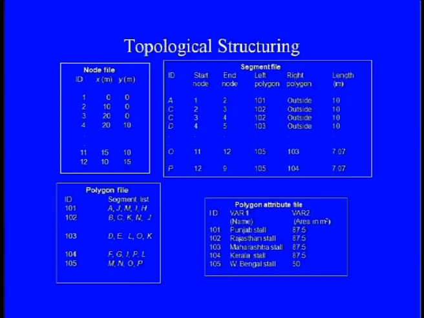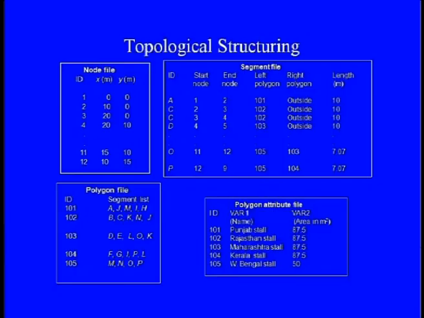So, polygon ID 101, its name attribute is Punjab stall, and its area is 87.5 meter square. Similarly, polygon 102 is Rajasthan stall, and it occupies again an area of 87.5 meters square. The polygon ID 103 is Maharashtra stall, and it has a polygon area of 87.5.